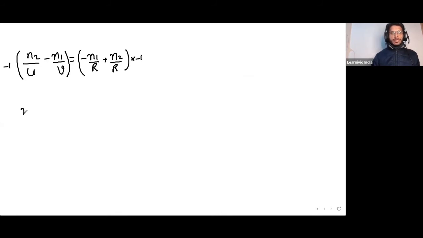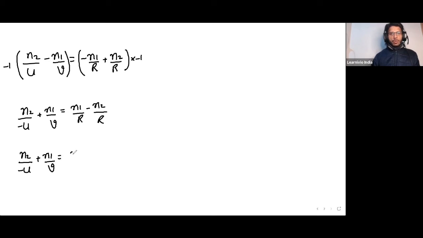So if I multiply with the negative sign, it will be N2 by minus U plus N1 by V is N1 by R minus N2 by R. Or you can say N2 by minus U plus N1 by V is N1 minus N2 divided by R.